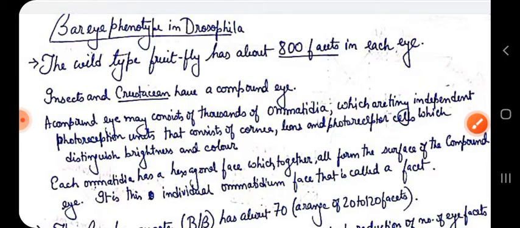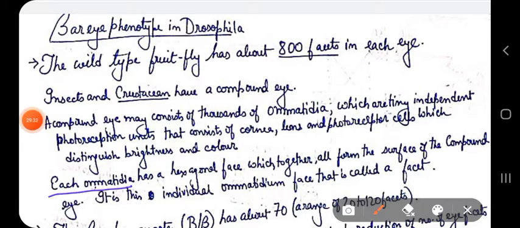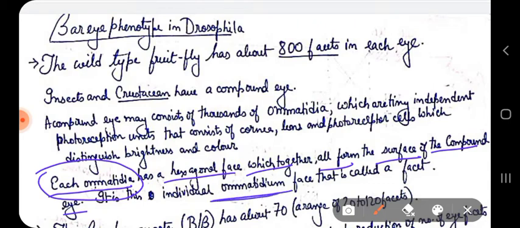And each ommatidium has a hexagonal face which together forms the surface of the compound eye. An individual ommatidia is called an ommatidium, and the hexagonal face of the ommatidium is called a facet.